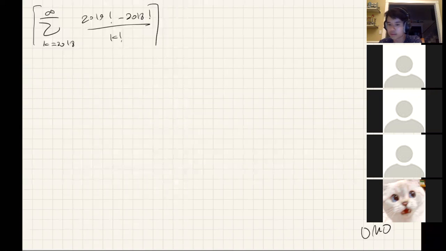What we have here is this really weird sum, again involving factorials, and we're summing this quantity over all k from k equals 2018 to infinity, and we want the least integer greater than or equal to this sum. We want the ceiling of the sum.